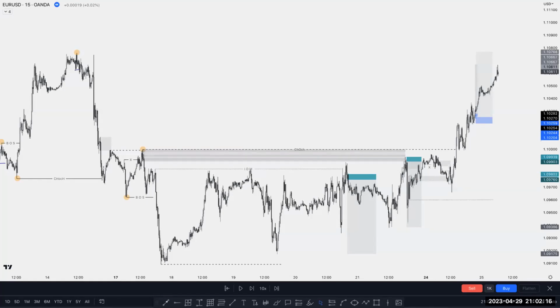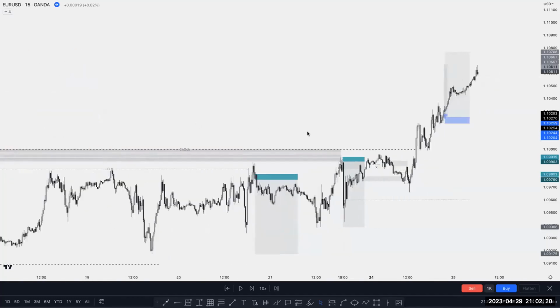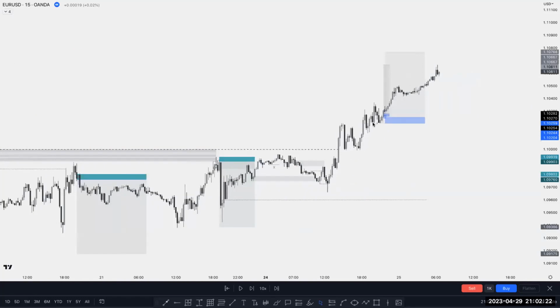Why don't you consider inducement? So this one is an inducement sweep and single candle order block mitigation and buy. Single candle order block in a higher time frame, we need inducement in a lower time frame. No, sir.